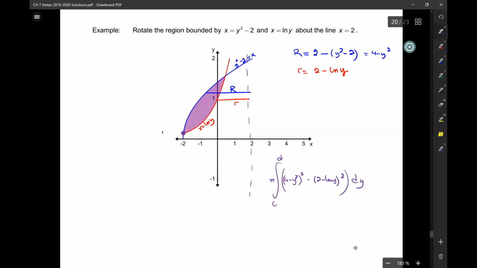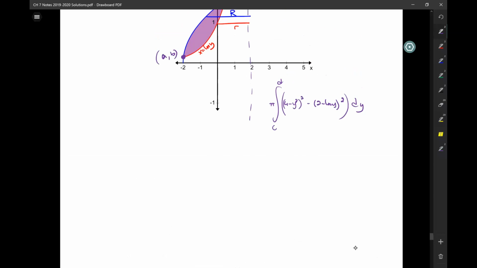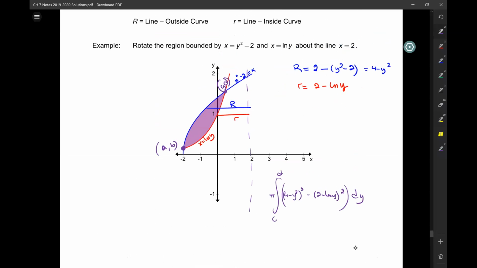Again, identify that this is AB, and this is CD. All right? Okay. This is kind of a big deal, so we need to get as much practice with this as possible.